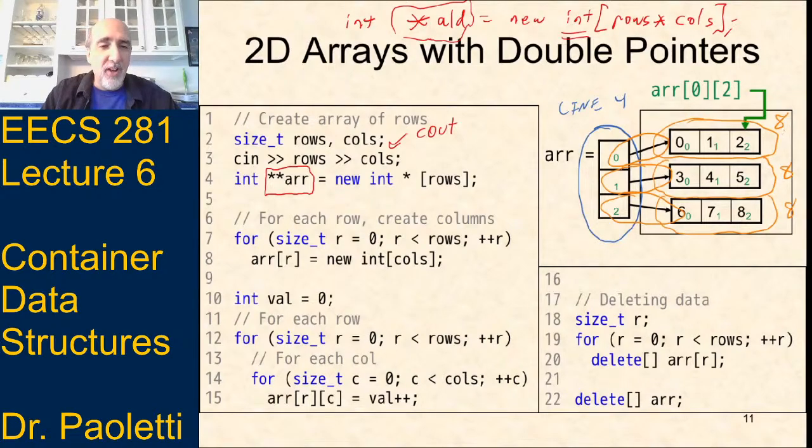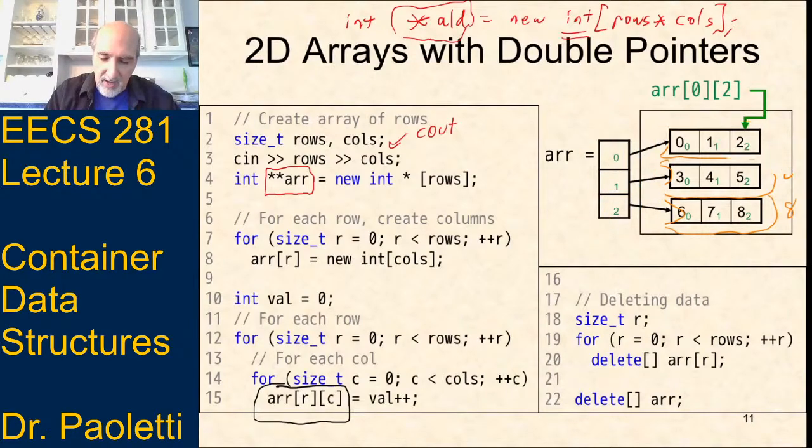Now, once we're done with all that, when we get down to line 15, I just treat it as a two-dimensional array. When I say ARR sub R, I'm referring to, this thing's getting really busy now, we're going to have to erase a bit to be able to see it.